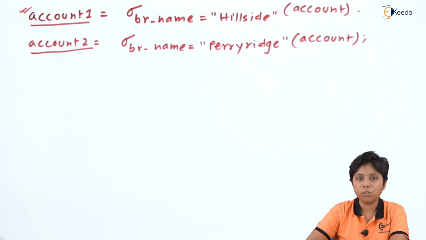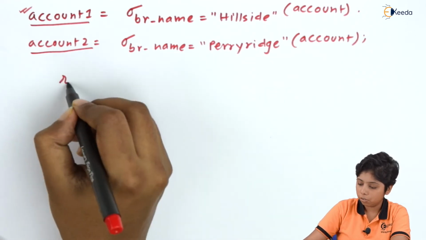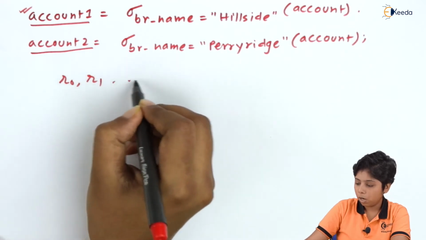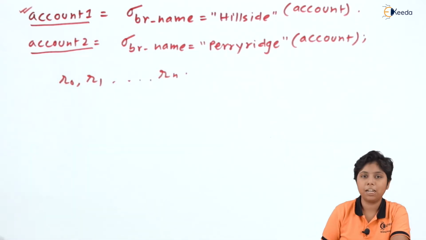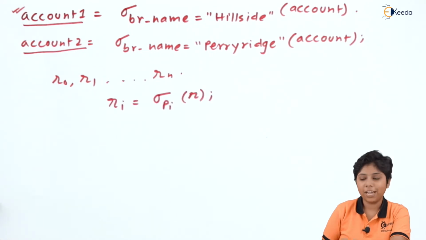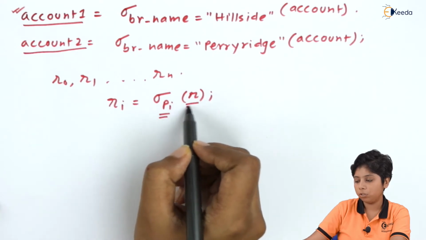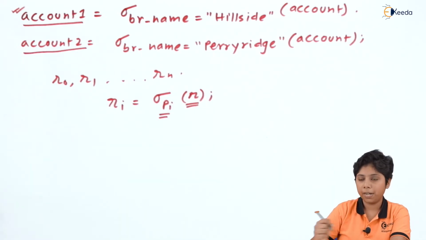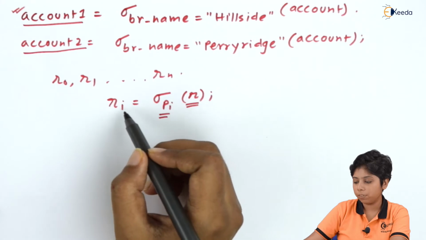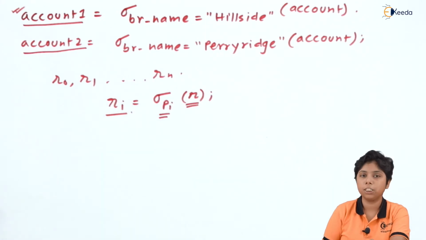For a general rule, if we have fragments R0, R1 to Rn in a horizontal fragmentation, then we can define each Ri as a selection of a particular predicate Pi on R. The predicates need to be unique for each of the selections, so that we can make a logical boundary on each of the fragments on a tuple basis.